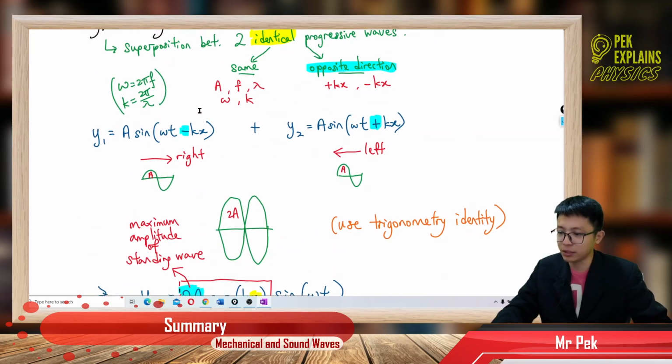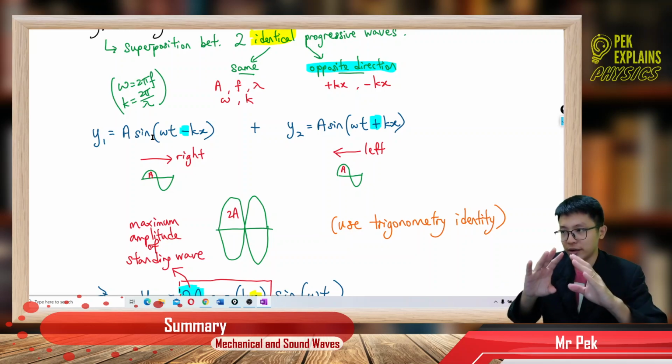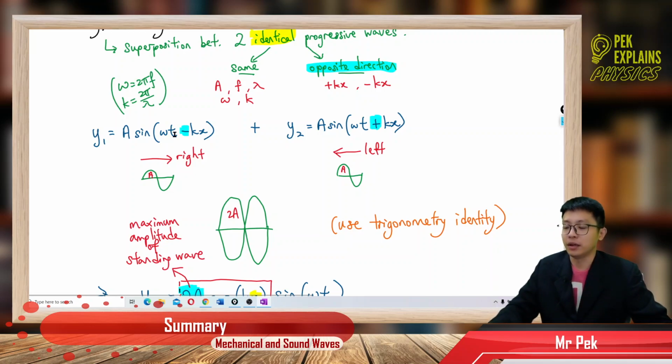How to actually add up these two equations? We need to use trigonometric identity. This is the mathematical knowledge. That means you need to still remember sin(A+B) becomes sin A cos B plus cos A sin B. When you have sin(A−B), you use sin A cos B minus cos A sin B. So you develop from there.